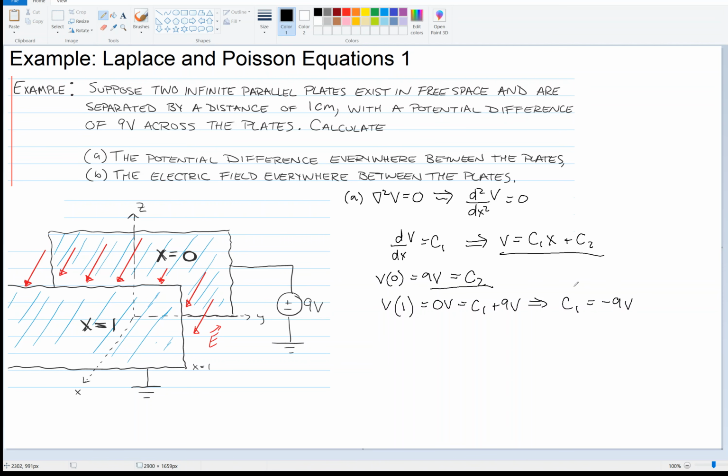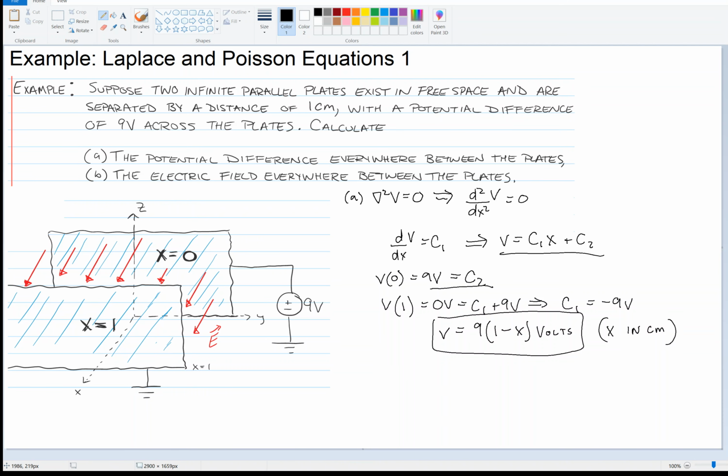And so then I plug 9 in for C2 here, and minus 9 in for C1 there, and I find that my specified solution to the Laplace equation is 9 times, if I factor out the 9, (1 minus x) volts, right? And I'm just going to point out here that, again, x is in centimeters.